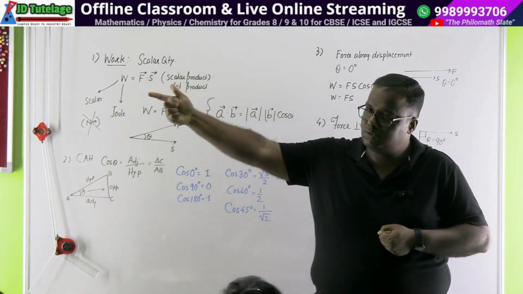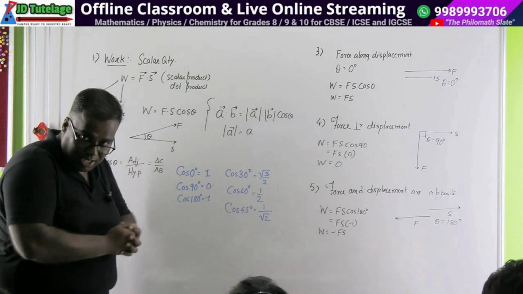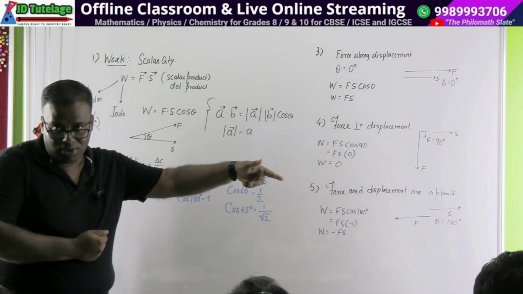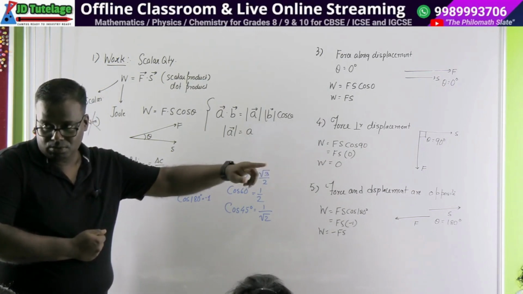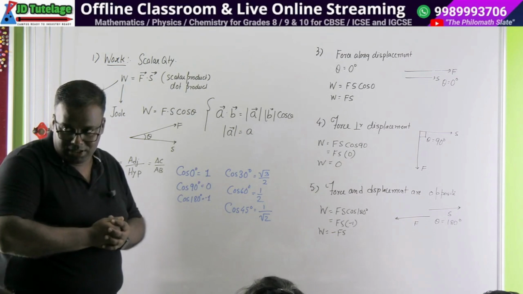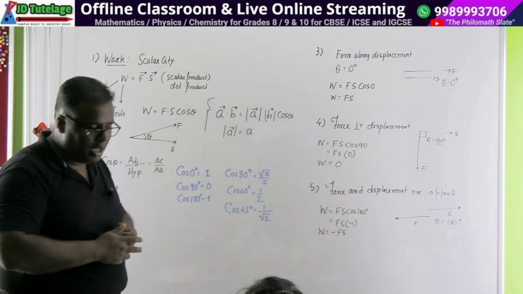Look at from the spring side. Spring के side से देखो. Force इस side है, displacement उस side है. इसके लिए angle कितना हुआ? Negative 180 degree. So cos of 180 is -1. Work done by this is how much? Negative fx. अभी भी आपके दिमाग में वो नहीं आ रहा है.